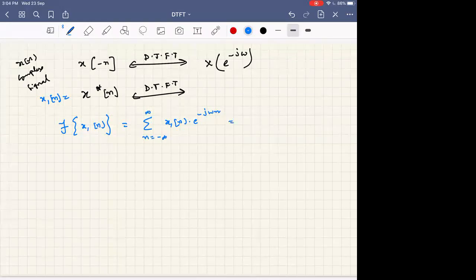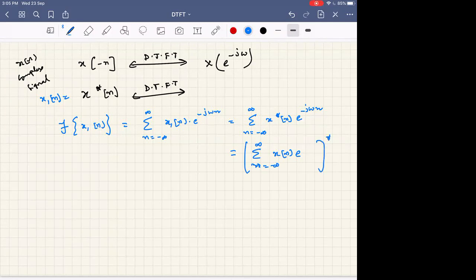Now I will substitute explicitly for x1 of n. Now tell me, what should I do? I got up to here. Then what should I do? If there is a star here, I don't know what to do. So I will take the star outside. If I take the star out, how do I write? N equal to minus infinity to infinity, x of n e power, and what should I write here?